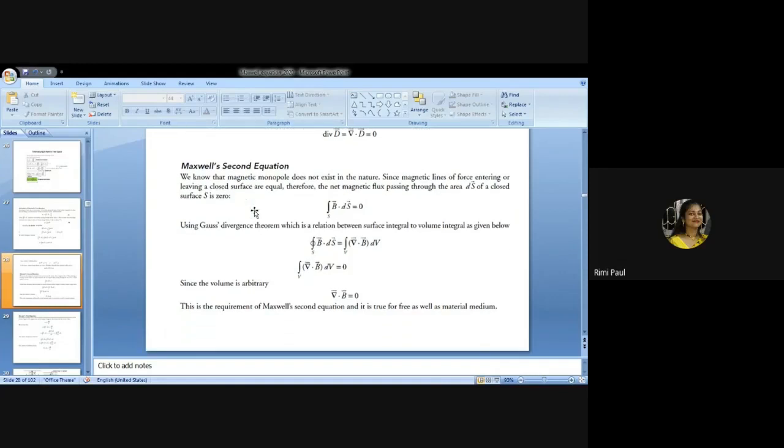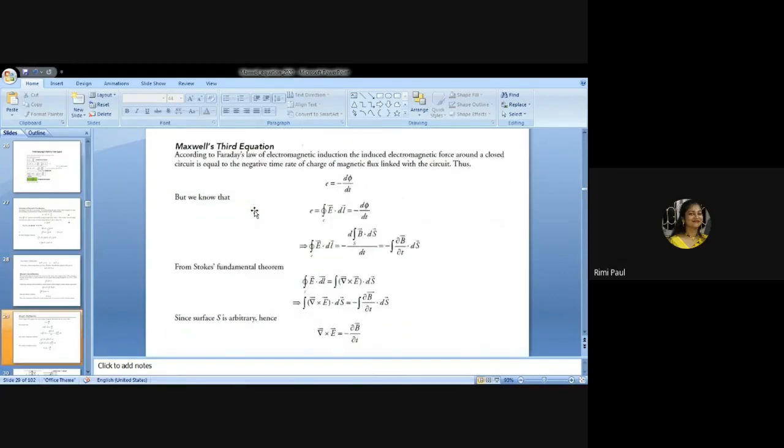And the third equation, if we go, involves the magnetostatic field and electric field. You can see here that electric field and magnetic field both are present. Now a static electric field intensity E bar can exist without the magnetic field H. Whenever you take a capacitor, you see that static electric field intensity E bar is present and there is no magnetic field.